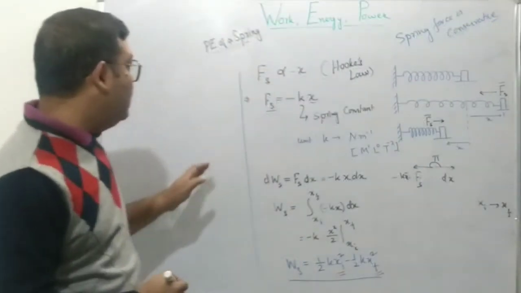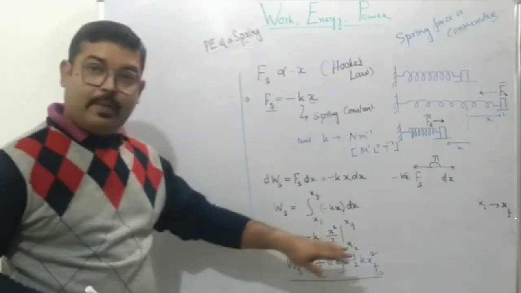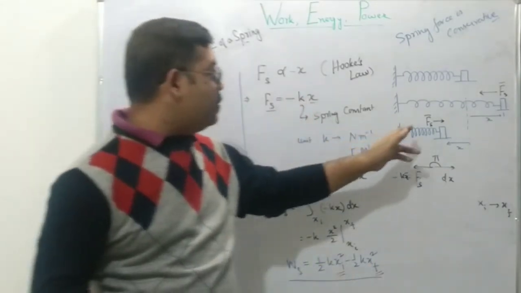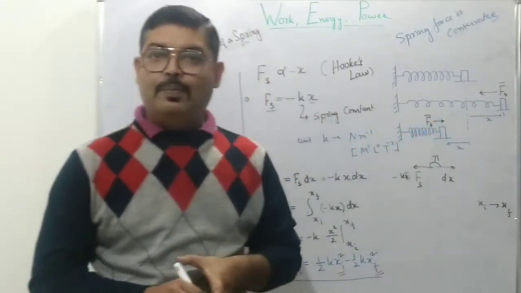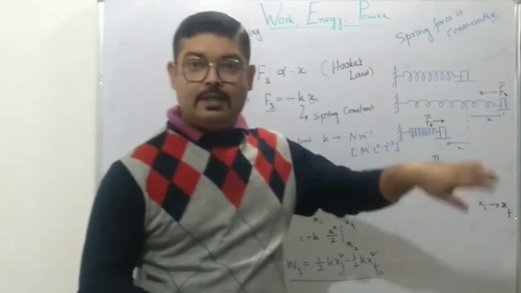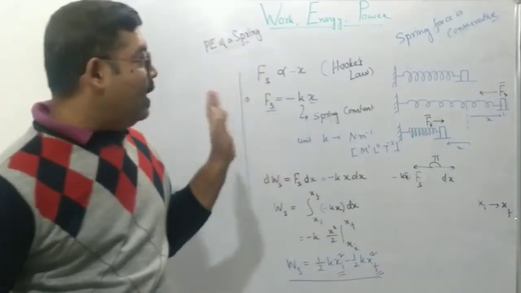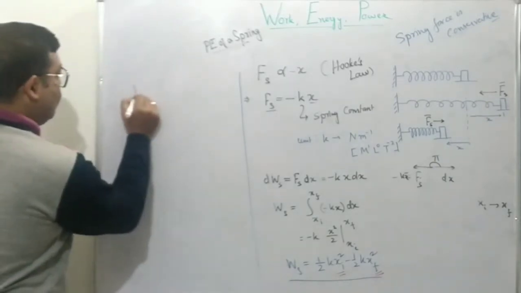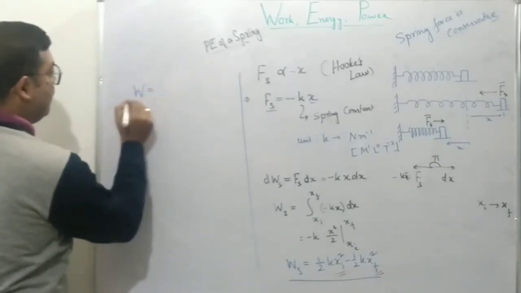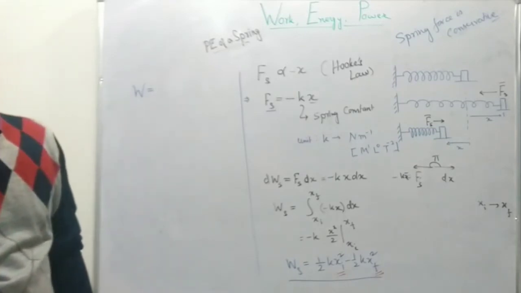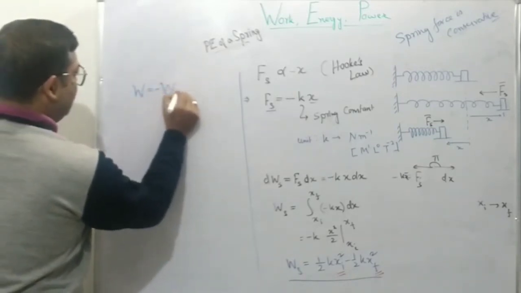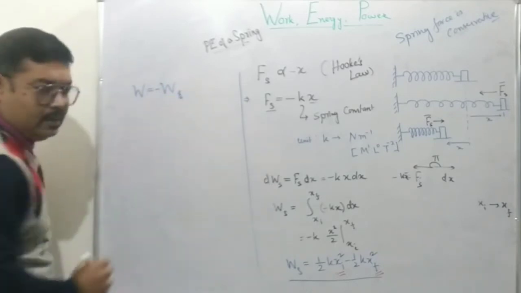Now, this is just the work done by the spring force, and the spring force as we have seen is always opposite to the displacement. So basically, what we are saying is that work is done against the spring force. So whatever external force has been applied will do a certain amount of work W, which will be equal to minus of Ws, right?